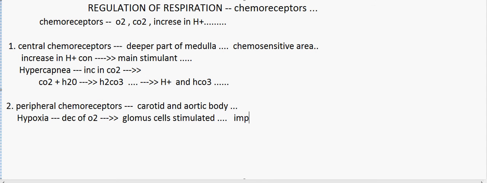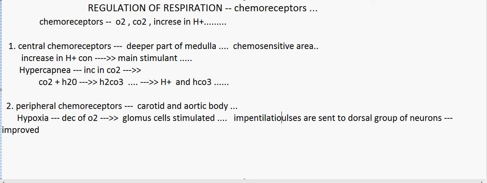So when the glomus cells are stimulated, the impulses are sent to the dorsal group of neurons, and then we will have improved ventilation. So this is how the peripheral chemoreceptors take part in the regulation of the respiration.